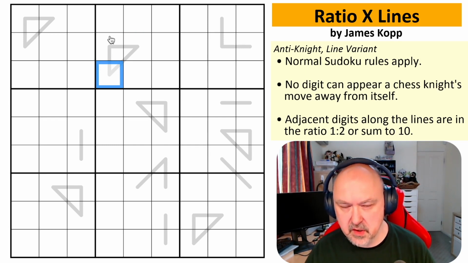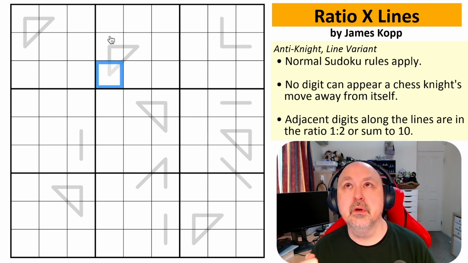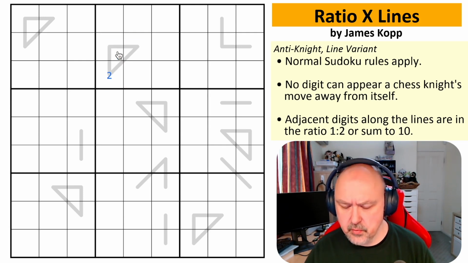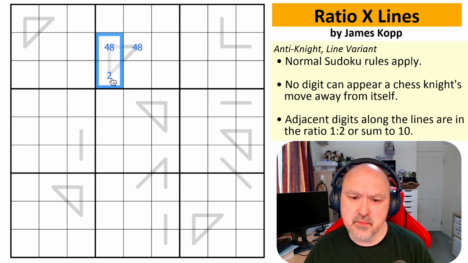That doesn't work. 2 is in a relationship with 8, 1, and 4. So 2 could go with 4 and 8. Oh, and 4 and 8 are in a relationship with each other. So 2, 4, 8 could work.